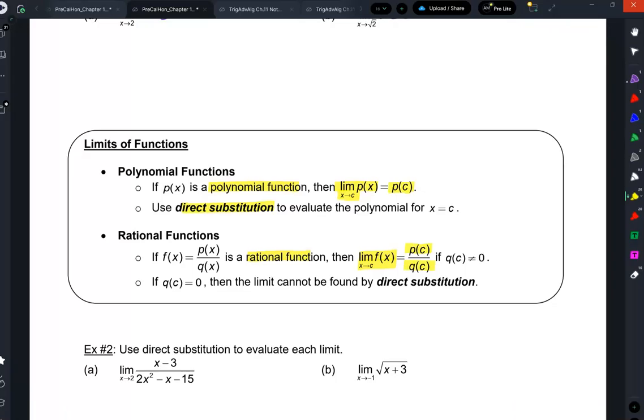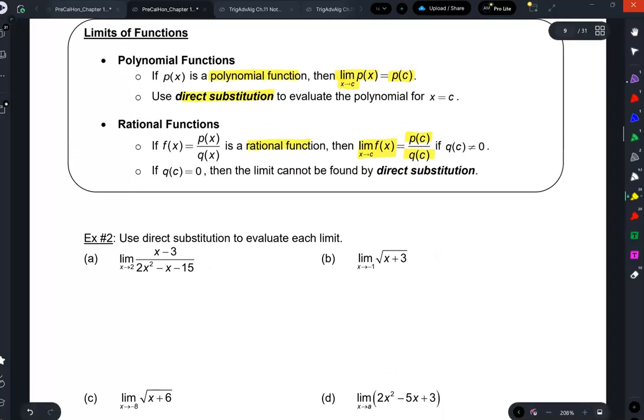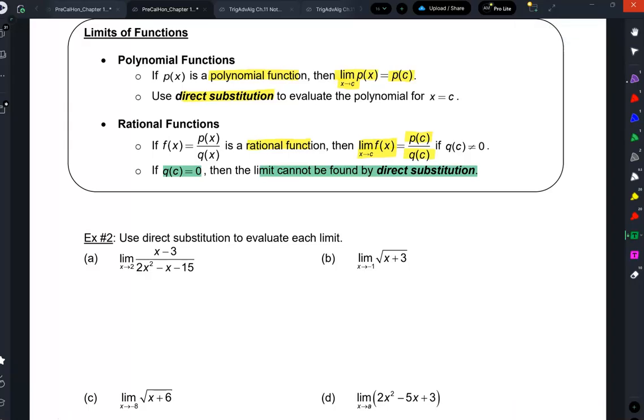But now we have a situation if the denominator equals 0. If the denominator equals 0 when you plug in the value for the limit, then the limit cannot be found by direct substitution. It is not completely a hopeless situation. You just have to find a different way to evaluate the limit. Okay, so why don't we just go case by case here?